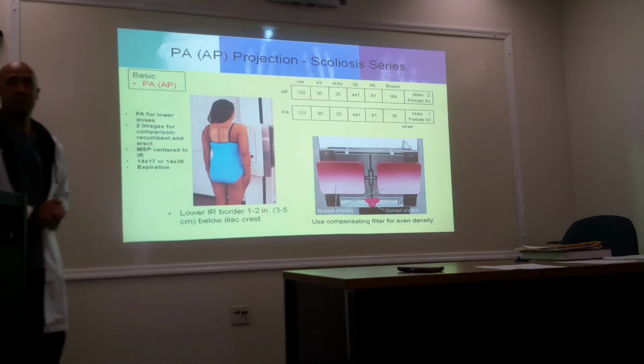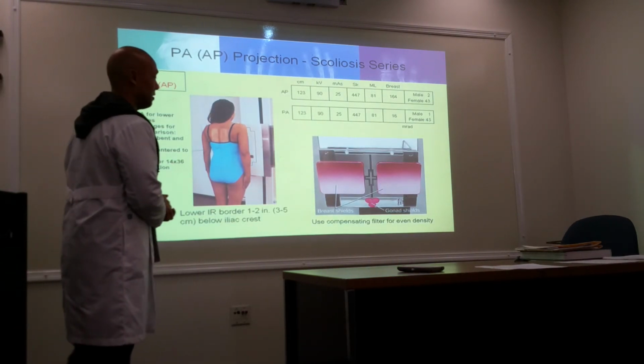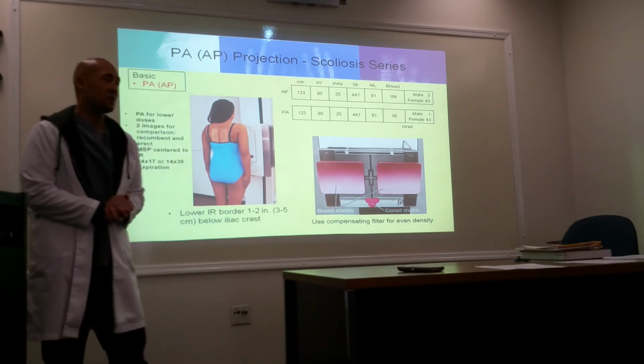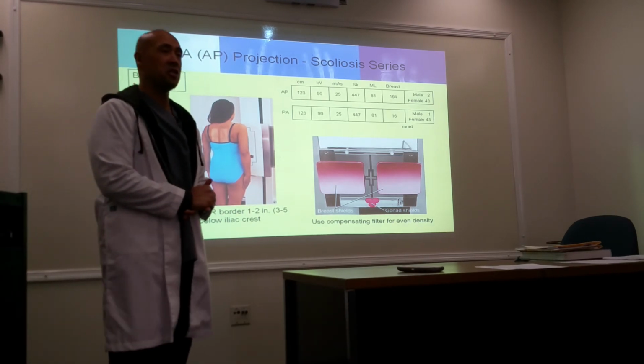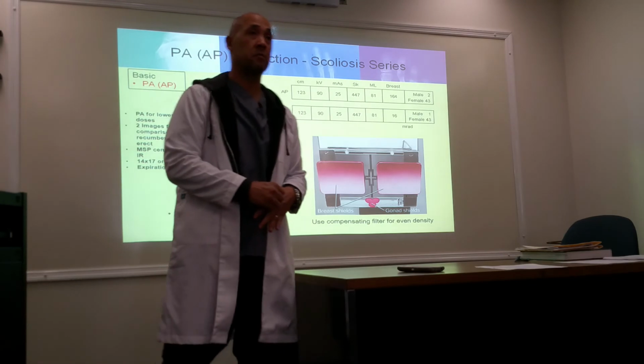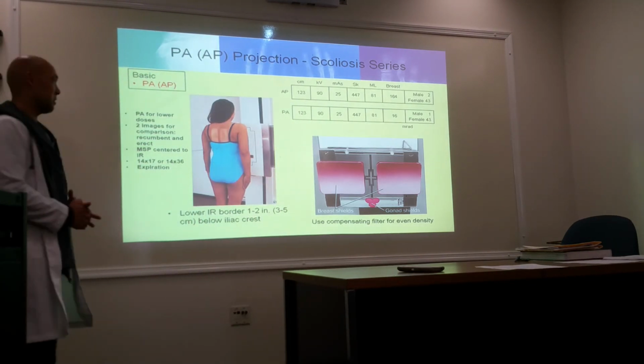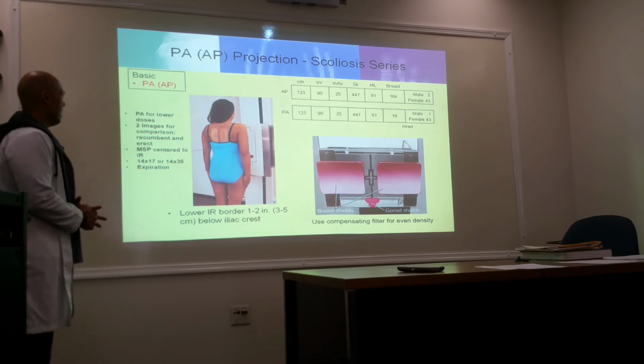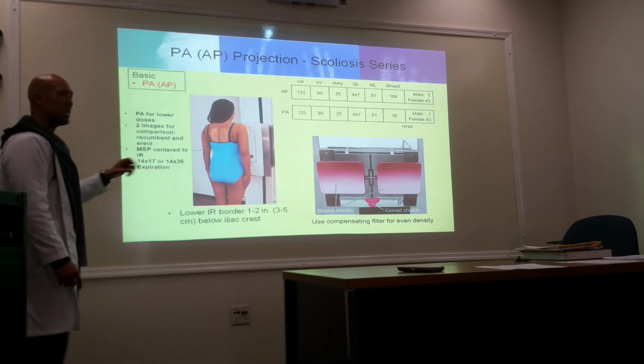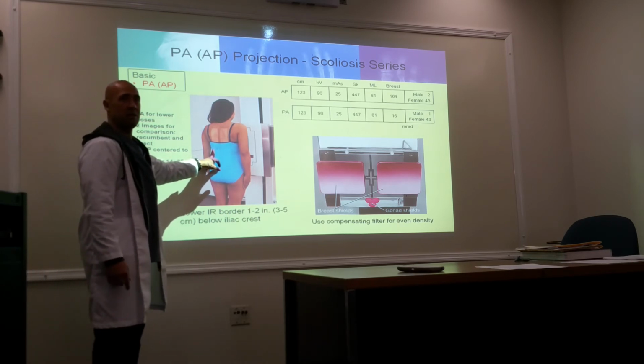Scoliosis series. Have you guys done scoliosis series? Basically what we're looking for in the scoliosis series is the relationship between the thoracic and the lumbar spine, looking for any type of curving deformities. Are you guys doing yours AP or PA?